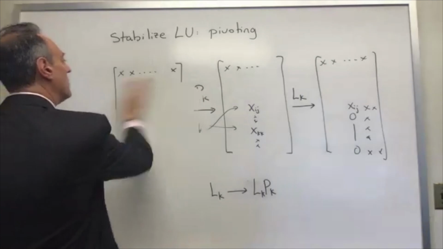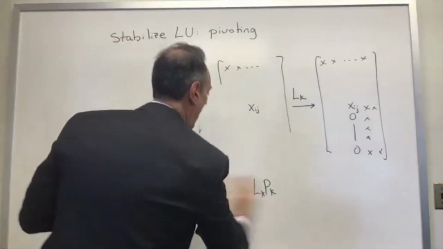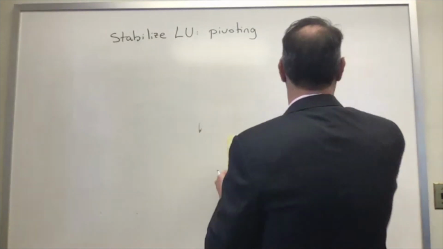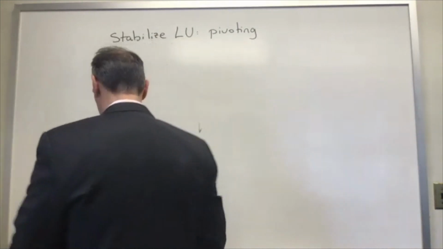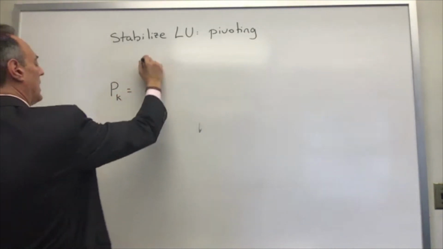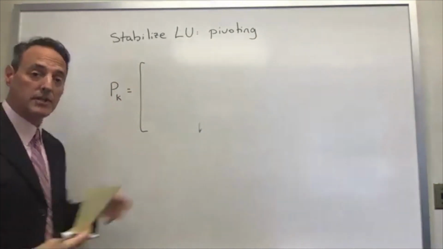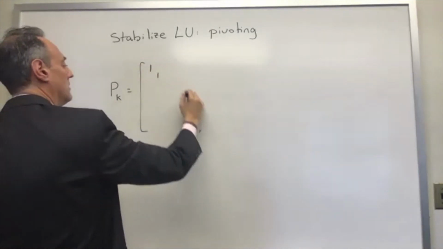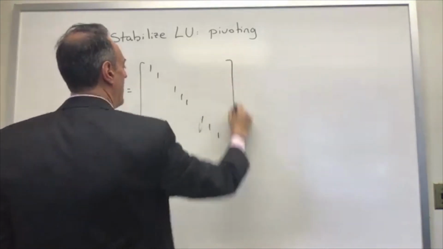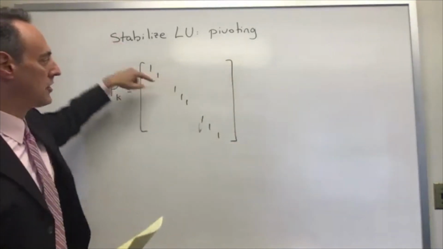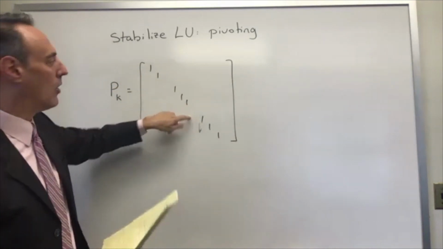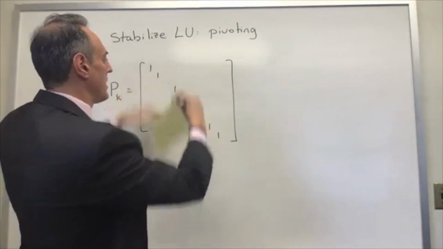So that's what we're going to do. And the question is, how do I construct the permutation matrix? They're pretty easy to construct. What is P_k? All P_k is, you take the identity matrix, which is ones on the diagonal, and if I want to switch the jth row with the kth row, all I do in this identity matrix is switch those rows.